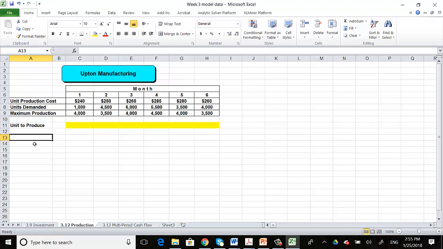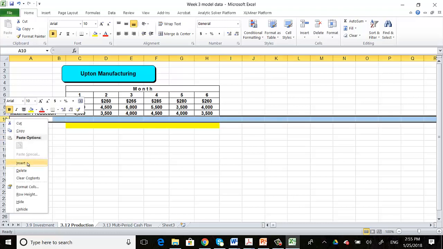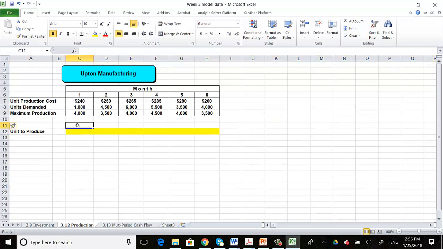So we're going to put it in this format. We'll start here. Insert one row here. This will be my beginning inventory. So this one plus the production minus demand. So here will be the beginning inventory.